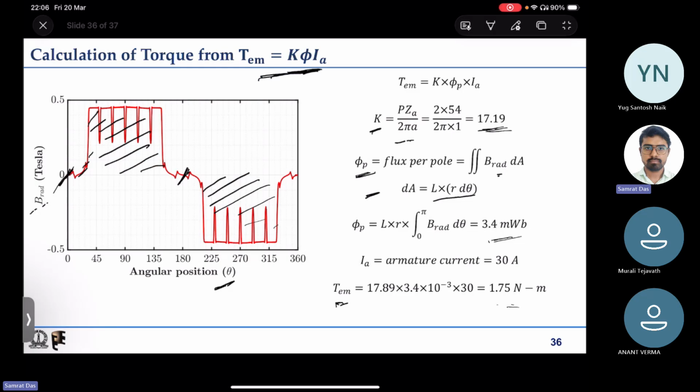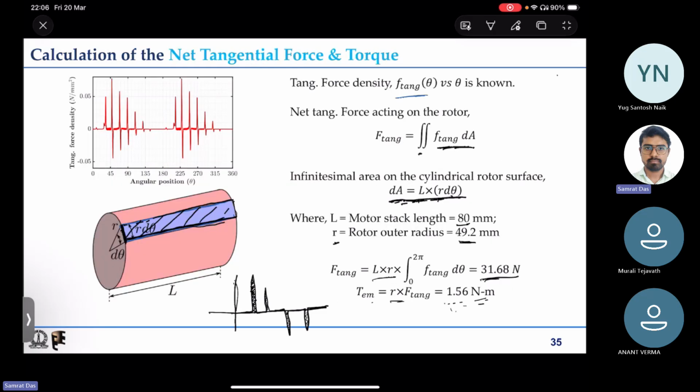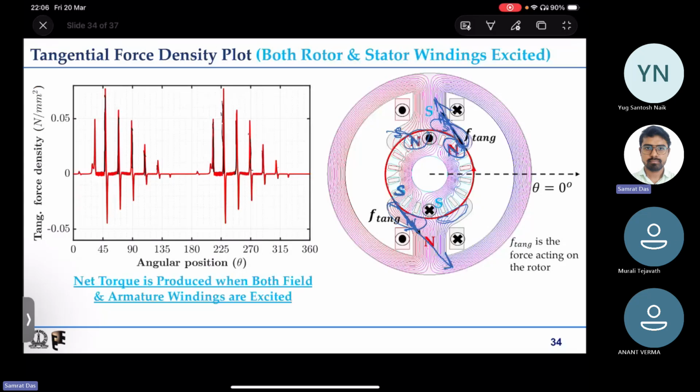Now I will briefly indicate a common misnomer about how torque is produced in a DC machine.